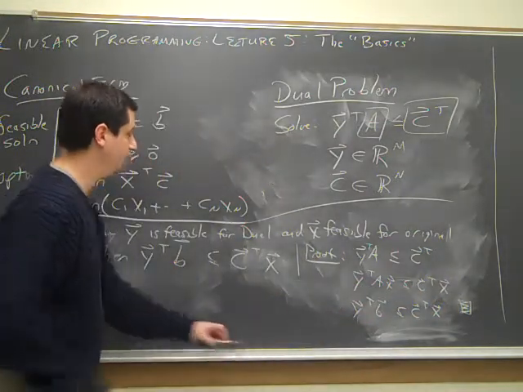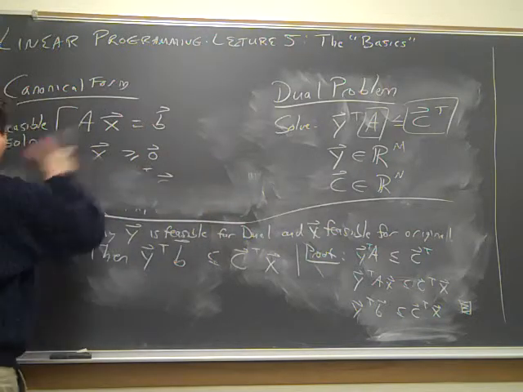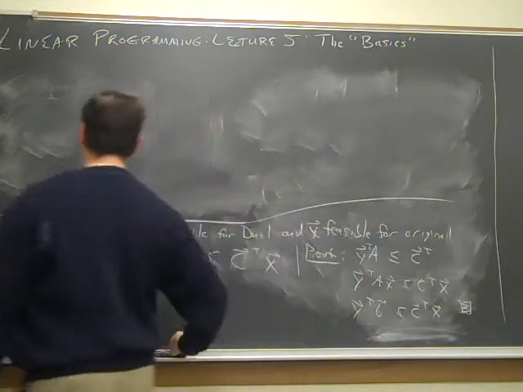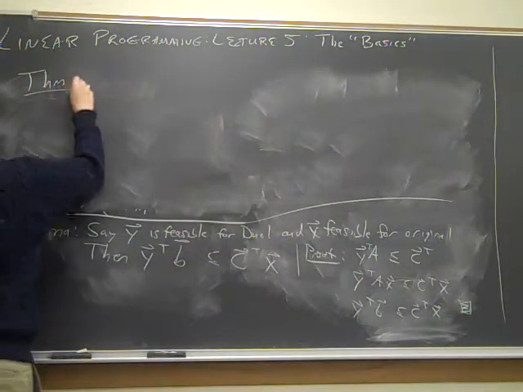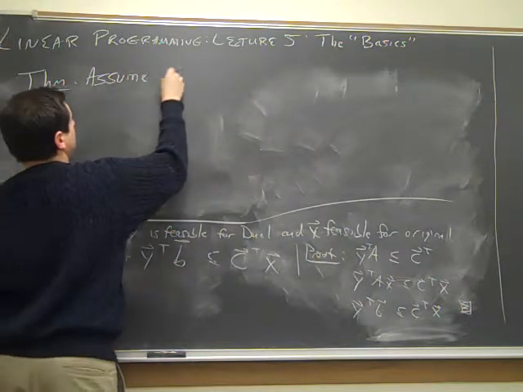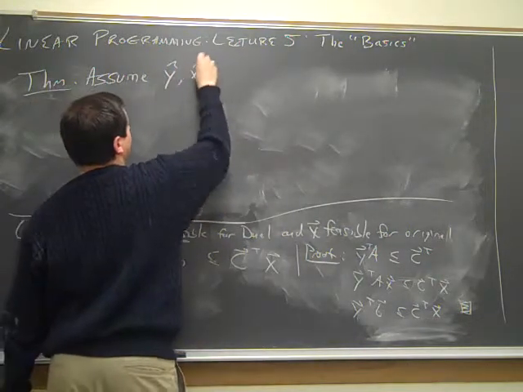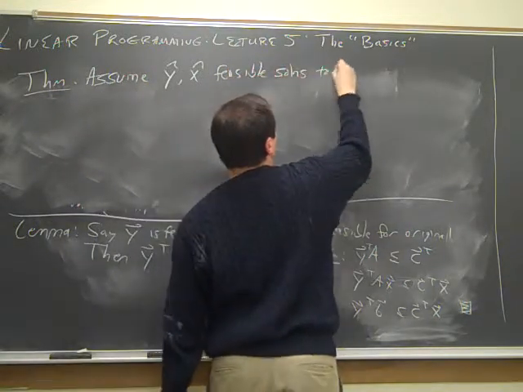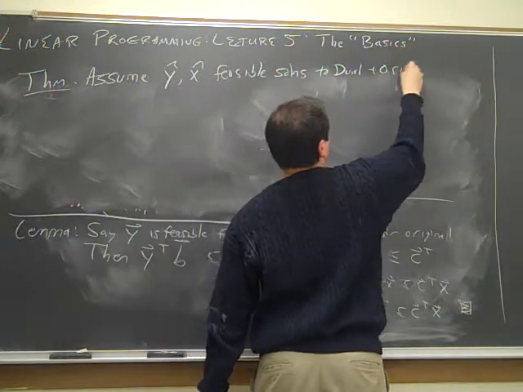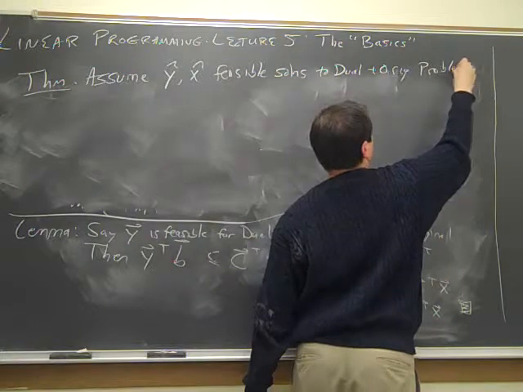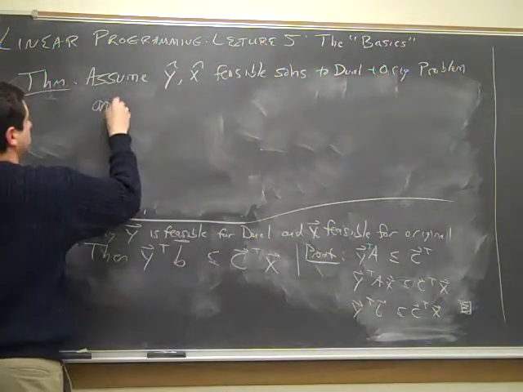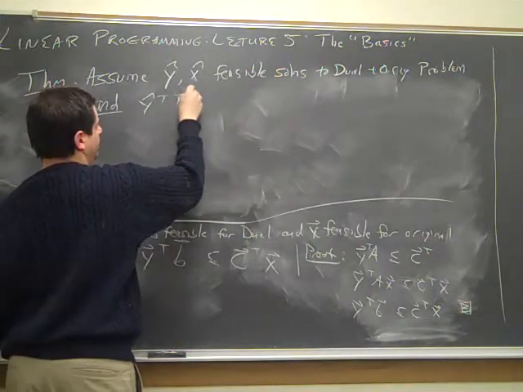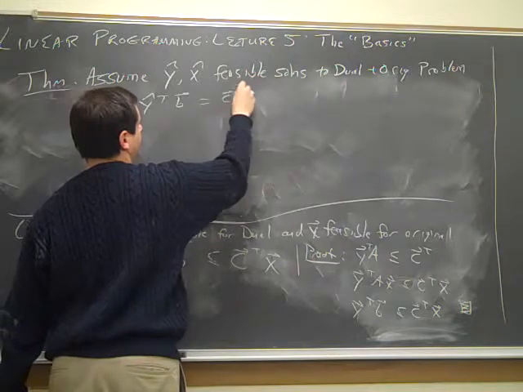And so this leads to a very natural theorem. Theorem: assume y hat, x hat are feasible solutions to the dual and original problem, and y hat transpose b equals c transpose x hat.